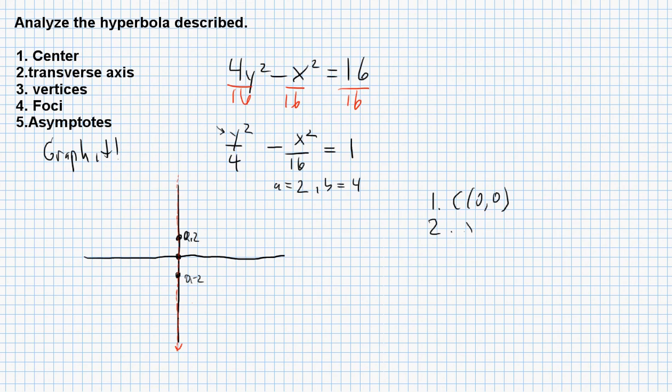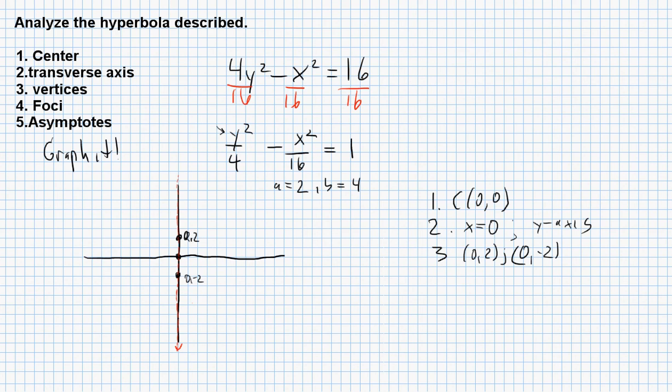The official equation for the y-axis is x is equal to 0, right? So we're going to put down here that the transverse axis is x is equal to 0. That's the equation. Now, number 3, we can already see here that the vertices are 0, 2, and 0, negative 2. All right, now we have to figure out the focal points.